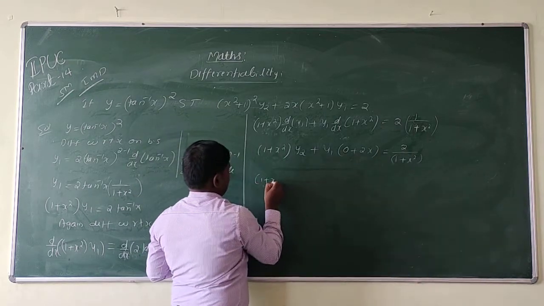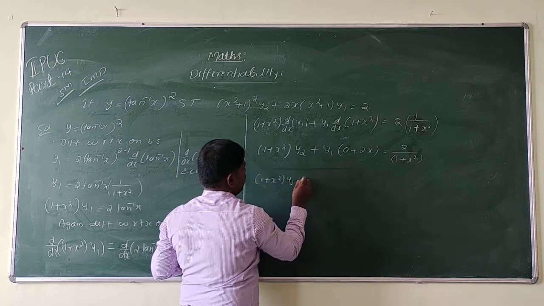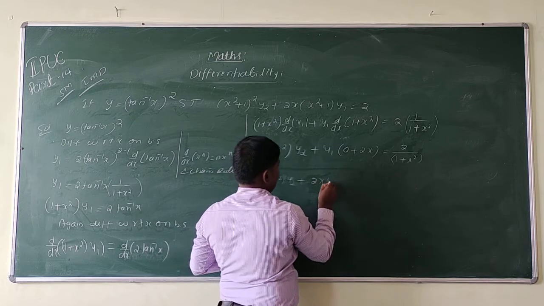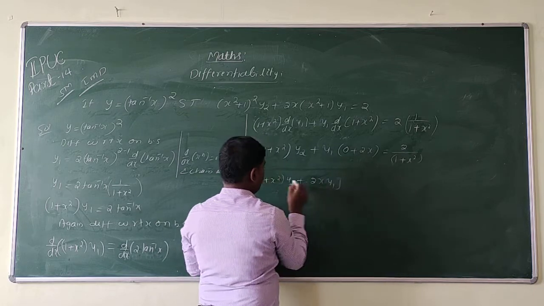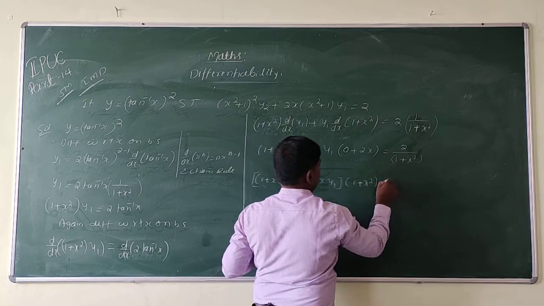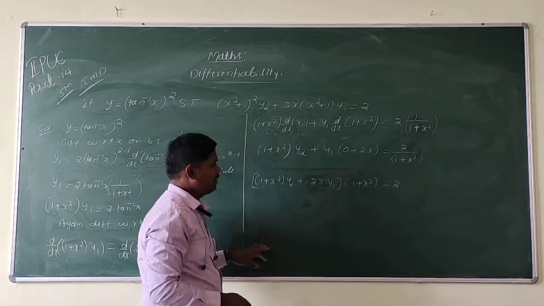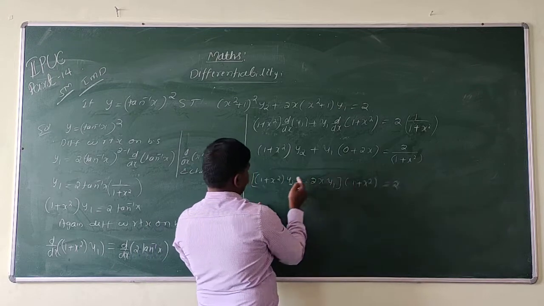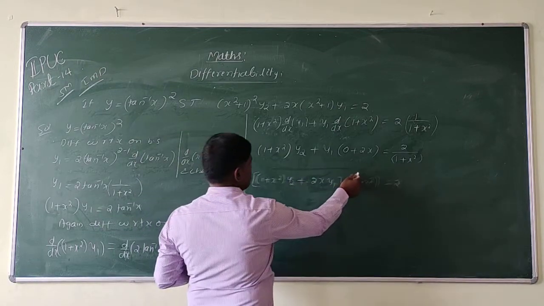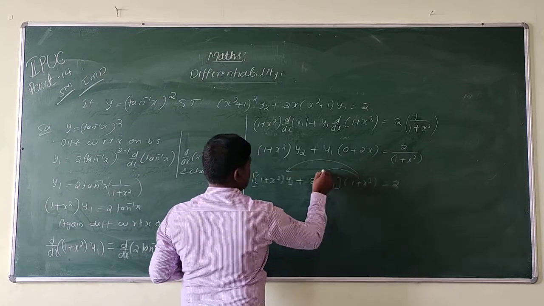There is 1 plus x square into y2 plus y1 2x into y1. Okay. Into cross multiplication, this is 1 plus x square here is equal to 2. Okay, so we are going to multiply this term to both the terms. So actually here there are two terms, so I am taking this whole term to this and this.